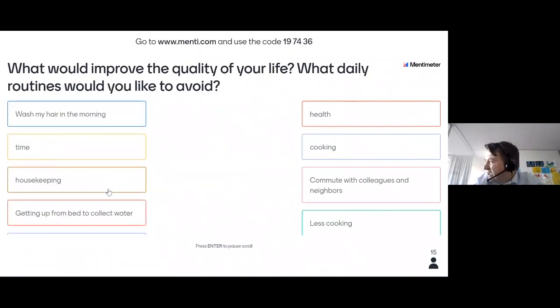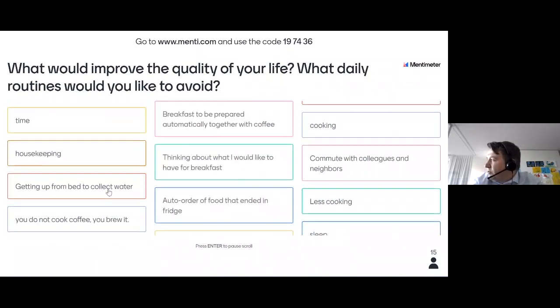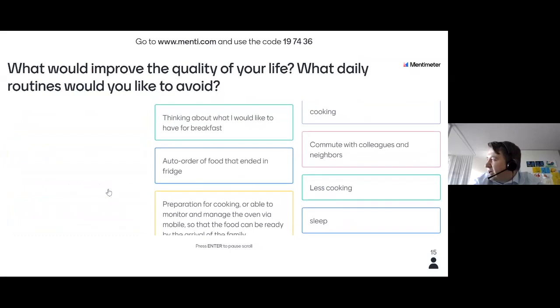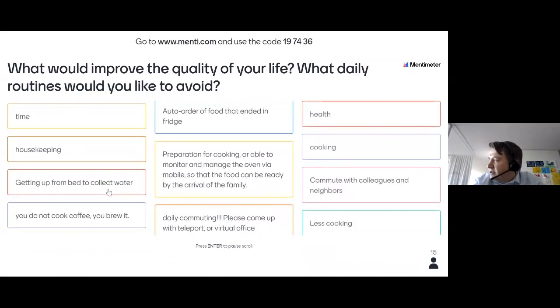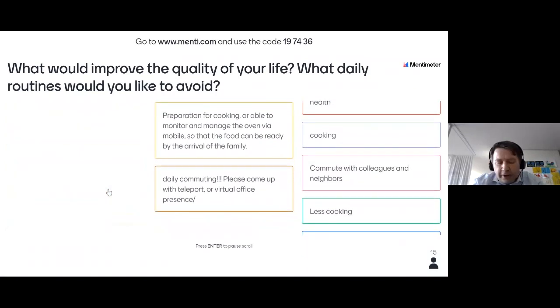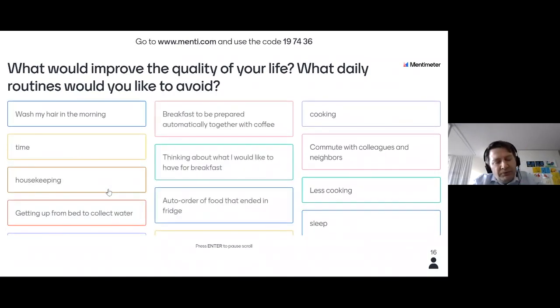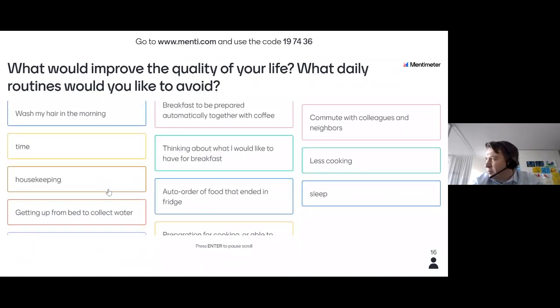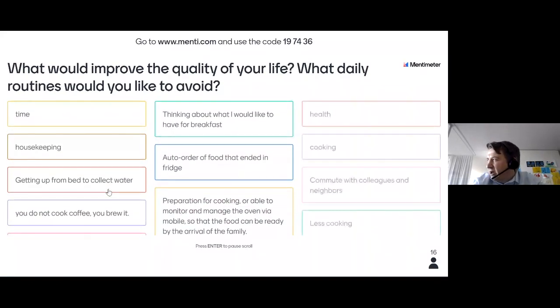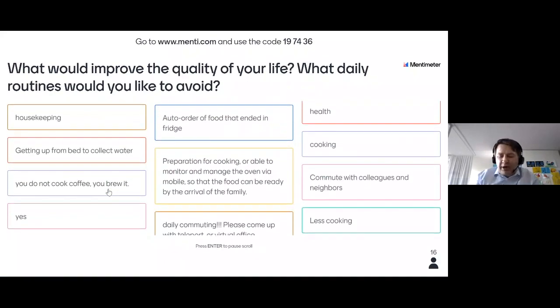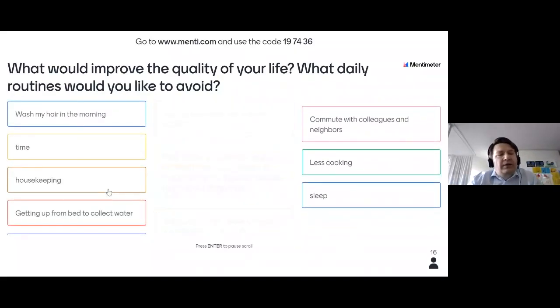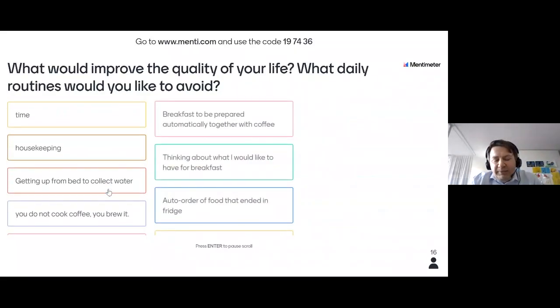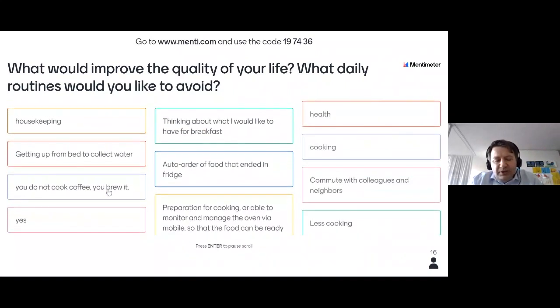But let's take another example of daily commuting. What we are encouraging nowadays is a very tough time for the cities to manage the traffic. A lot of people own cars, so everybody is going by car. It's a luxury topic, but we have basically limited capacities of the streets.